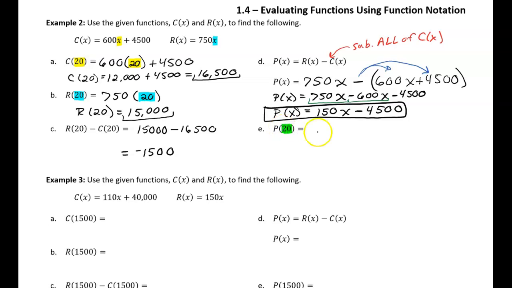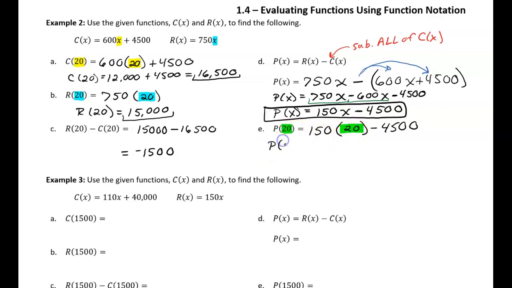So into the x spots, right into my skeleton, what am I going to plug into that blank that we created with the x here? We're going to plug in the 20. That's going to match there.